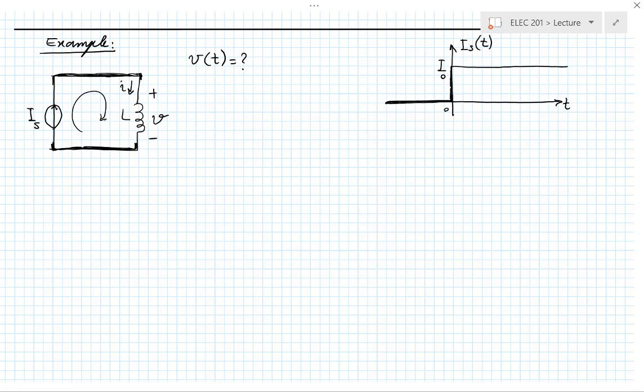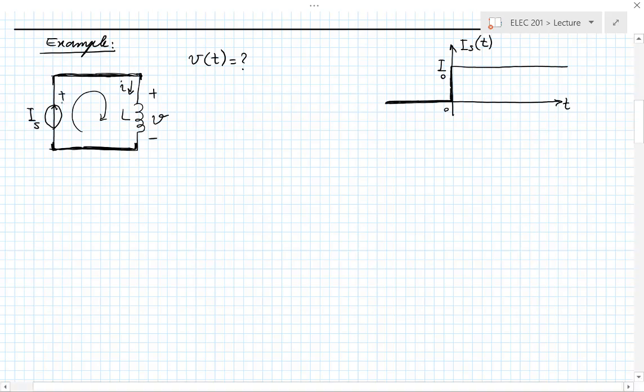First of all, to write the KVL, I need to have indicated all the voltages. Now, what's the voltage across the current source? Yeah, so in general, a current source can have any voltage, an ideal current source, right? And in this case, it's a simple KVL that will tell us it's the same as that V. But I want to give it a name first.